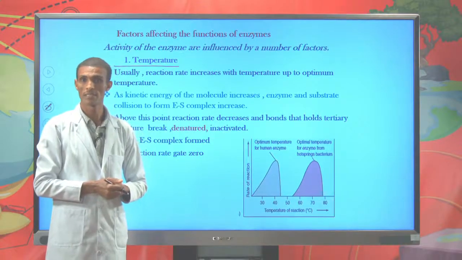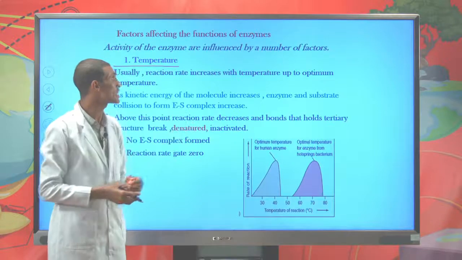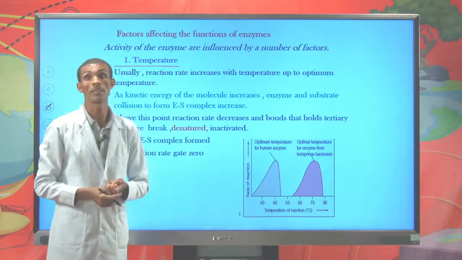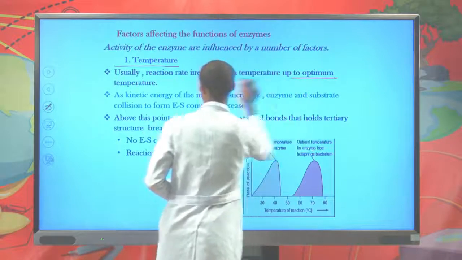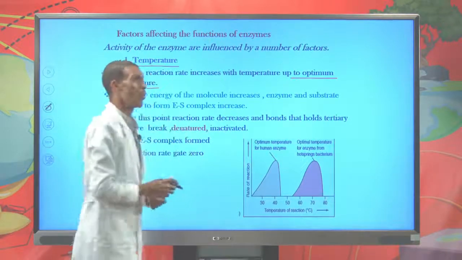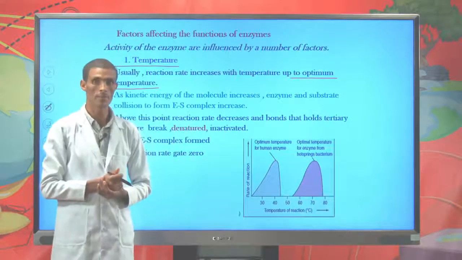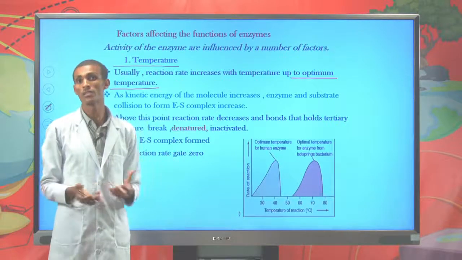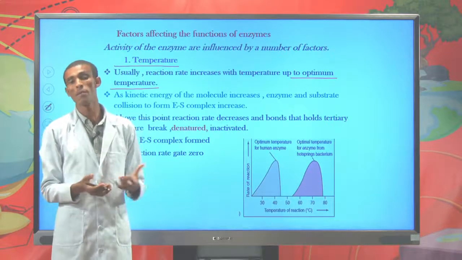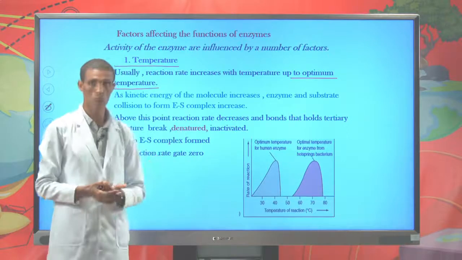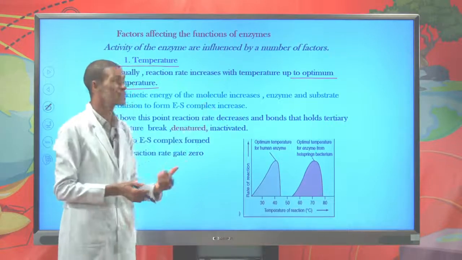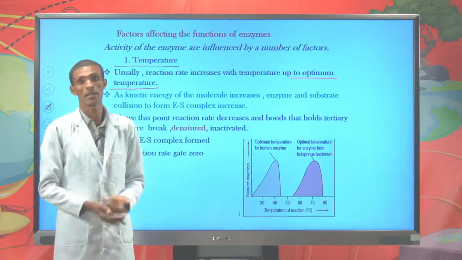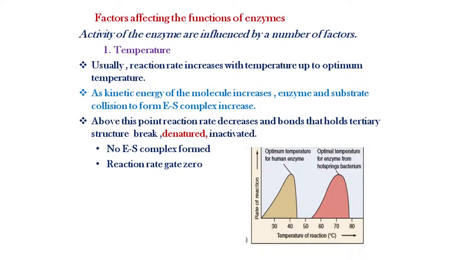Obviously, the rate of the reaction increases with temperature until an optimum temperature. Optimum temperature means the temperature at which the enzymes of an organism's body work properly. If temperature increases, the rate of enzyme action increases together.